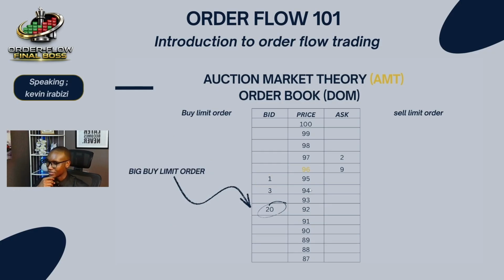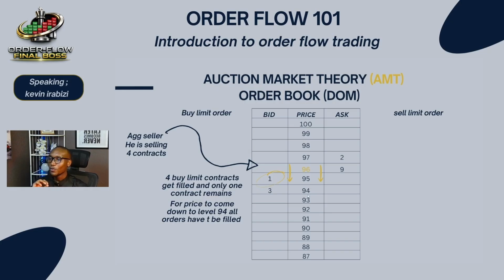Let's get straight into it. So 4 contracts were filled here, and only 1 contract remains. For price to come to level 94, all orders have to be filled. You get my point? But there's still an order unfilled, so price is still 95.